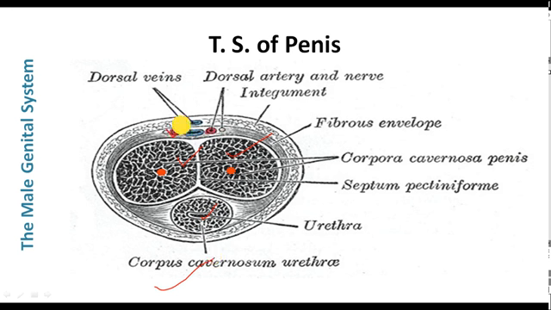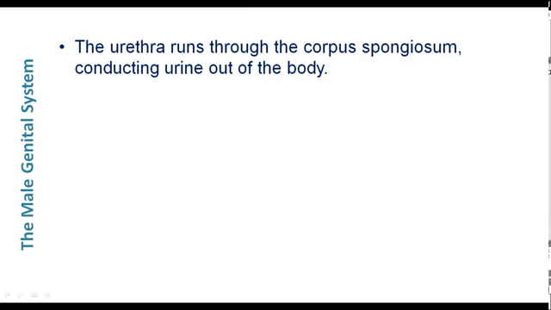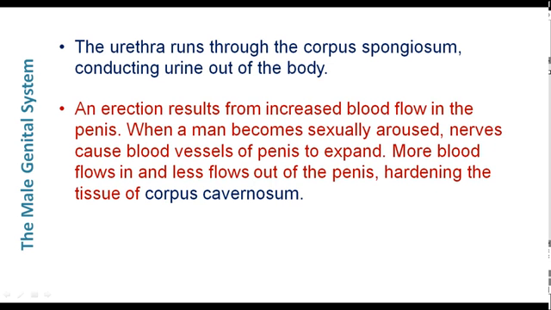Blood vessels are also present dorsally. There are two veins, so it is rich in blood circulation. During erection, blood flows into the penis under high pressure, but it does not return back in the same amount, and therefore it causes erection, swelling and elongation of the penis.